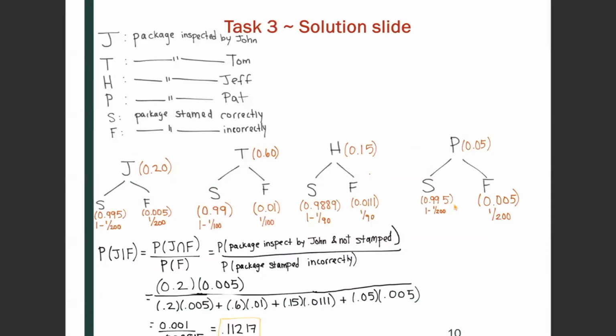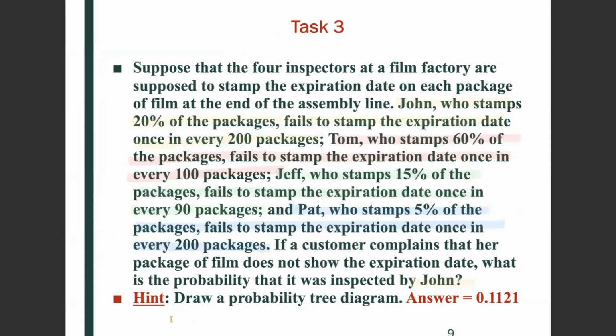All right, so all we've done up to this point is just organize the information that we've been given, using our probability tree diagrams. Now let's go back to what we were actually asked. So here's the question stem.